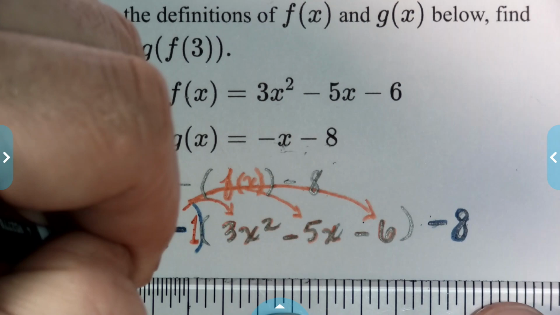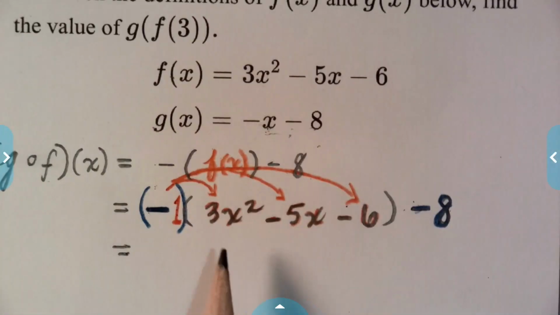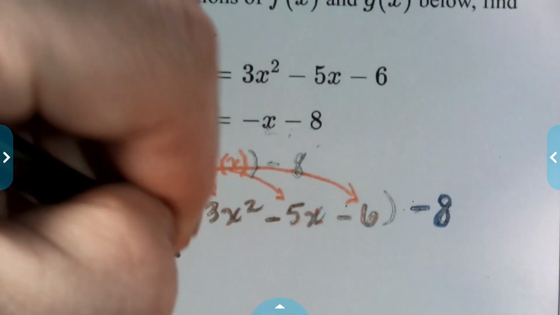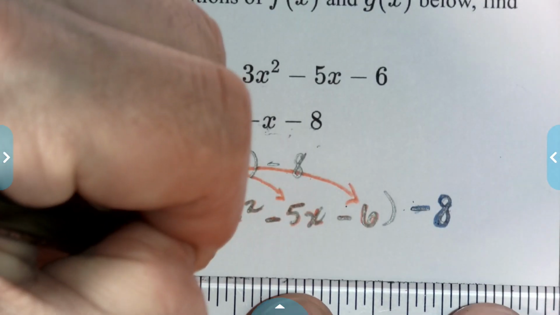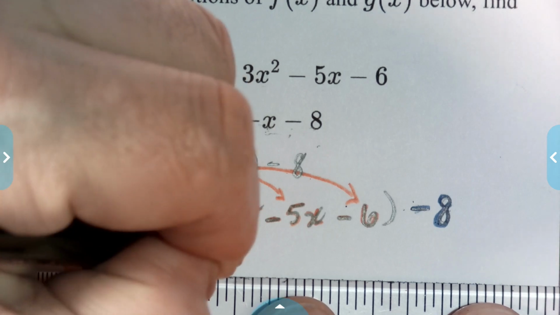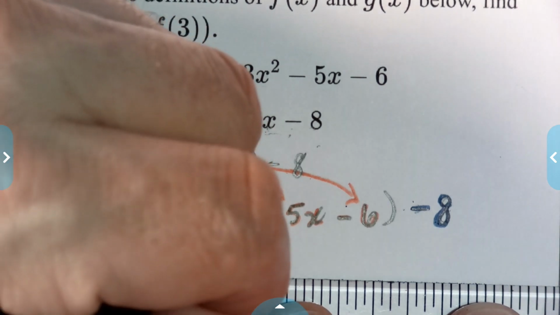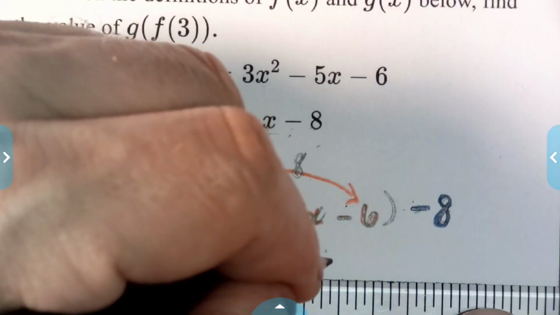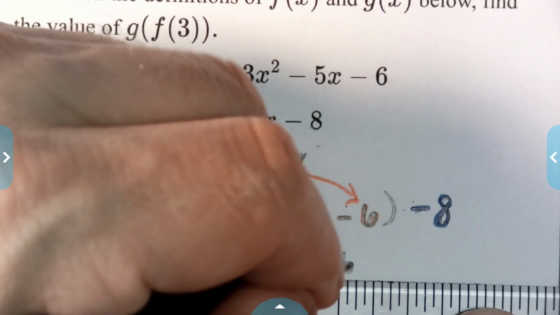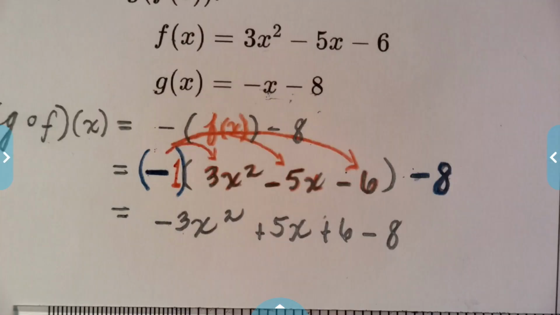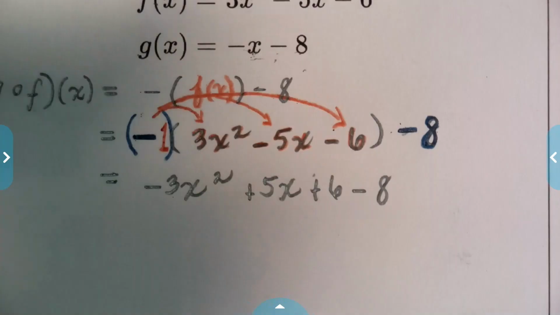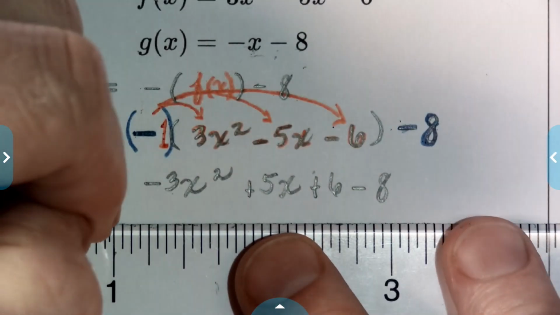So it'll be negative 3x squared plus 5x plus 6 minus 8. Okay, and now we just need to take 6 minus 8, which is negative 2, and we'll get our final composition there.